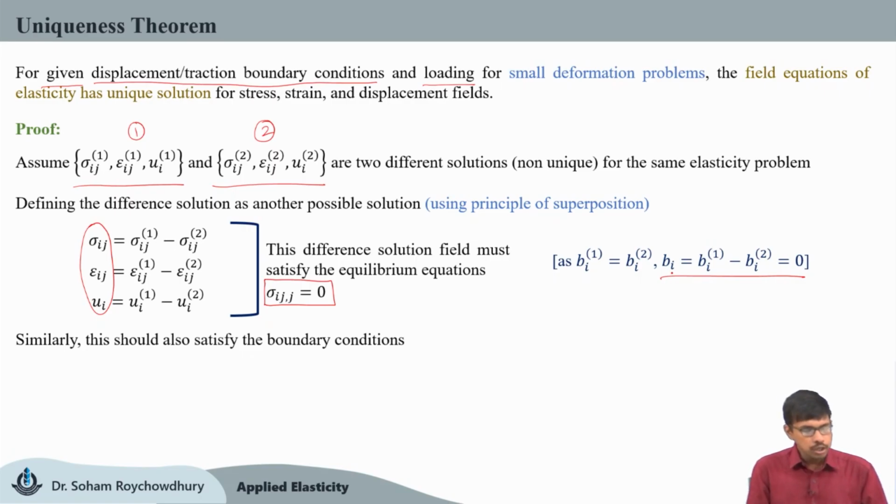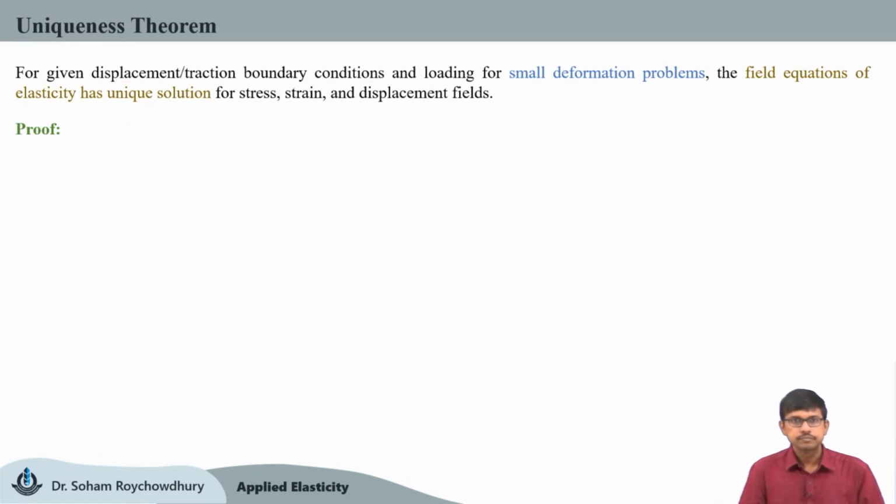Similarly, the difference solution should also satisfy the boundary conditions, which are ui equals 0 on gamma u, the displacement boundary condition, and Ti equals sigma ij nj equals 0 on gamma t, that is the traction boundary condition.